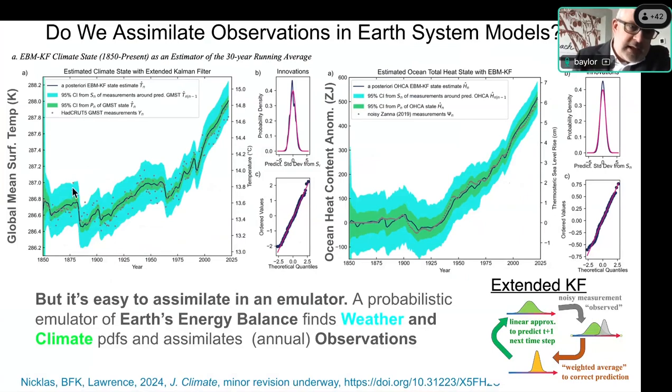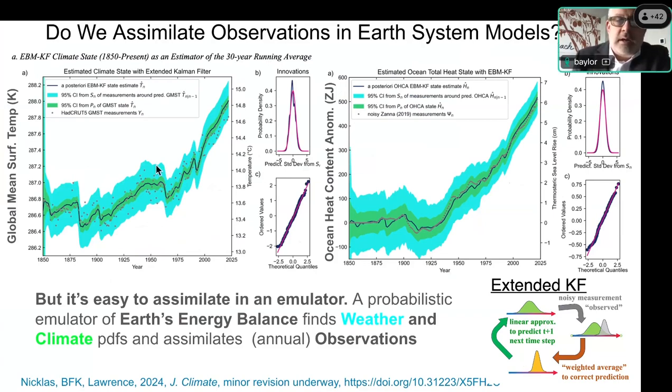And so you can see the annual mean surface temperatures are superimposed here in the little gray dots. And in fact, this is a reconstruction of deep ocean heat content, which is from the Zanna et al. reconstruction. And the cool thing is that in this system, you can ask, so this is an extended Kalman filter framework, if folks are familiar with statistical models.